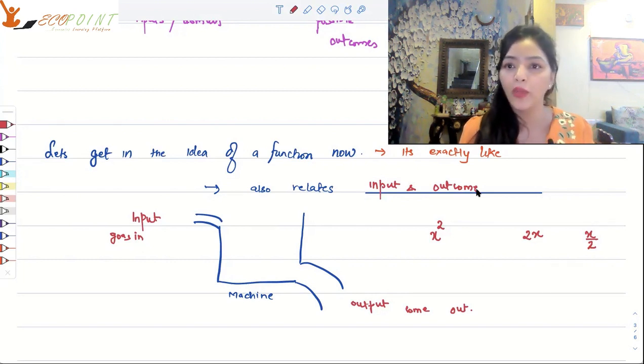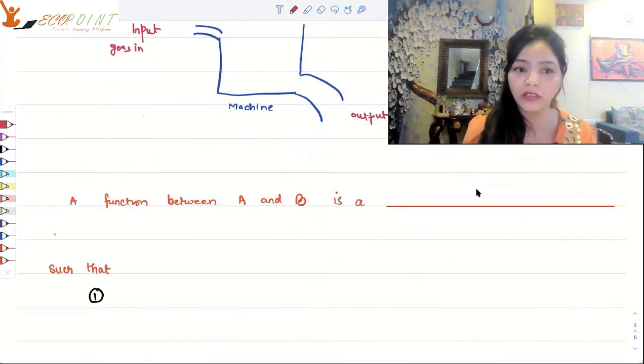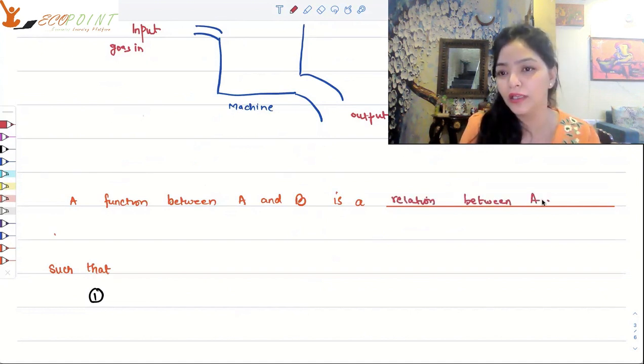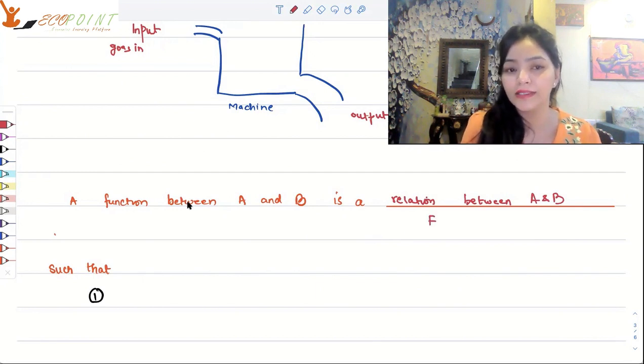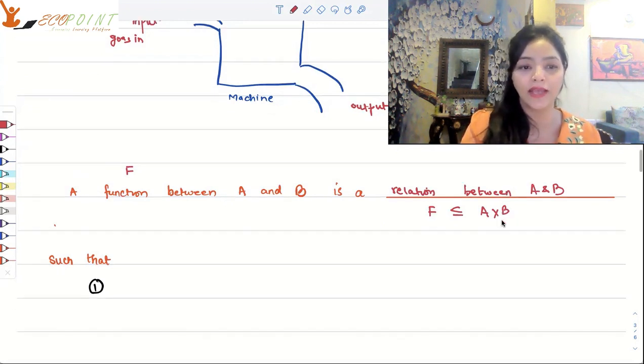So when we define function, it is indeed a relation. A function f between A and B is a relation between A and B, which means F is also a subset of A cross B because it is a relation. But it's got to satisfy two points.